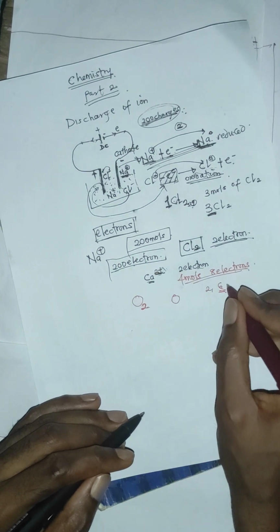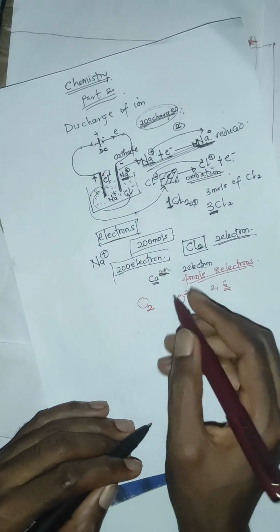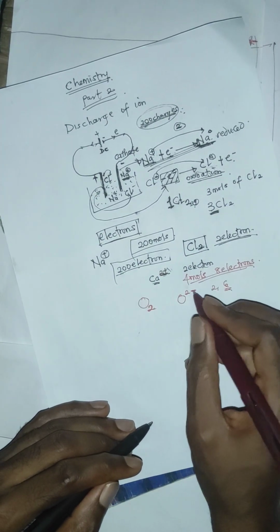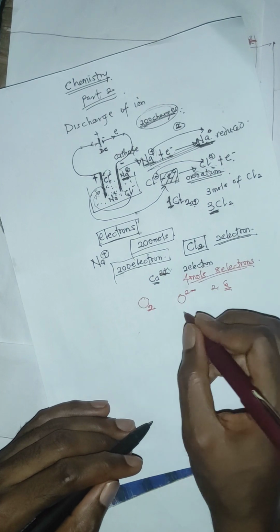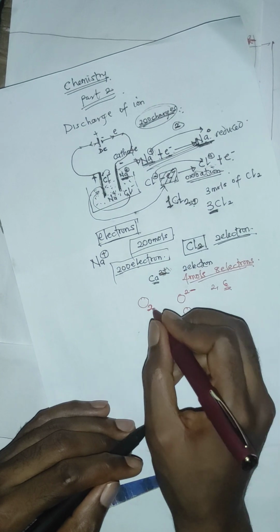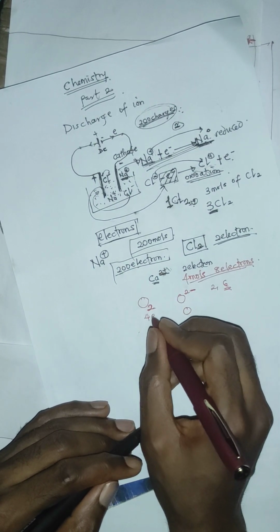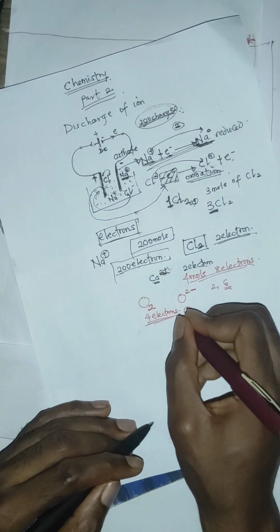It will gain how many electrons? 2. So it is O2 minus. In order for me to get 1 atom of oxygen, how many electrons will I need to carry away from the head of this person? 2 electrons. So in order for me to get O, I will need 2 electrons. What about getting O2? How many electrons will you need? You will need 4 electrons. So 1 mole of oxygen will need 4 electrons.